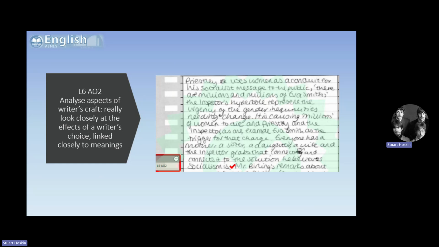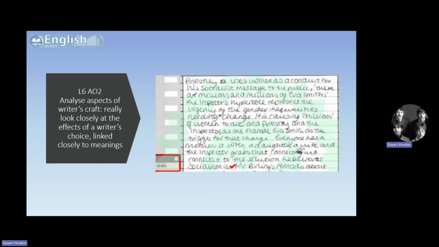Now, just to remind you, that is essentially a bullet point from the examiner's handbook that we have. What we're really looking to see in AO2 is that you analyse aspects of the writer's craft and really look closely at the effects of their choice, linking that closely to the meaning. So, Priestley uses women as a conduit for his socialist message to the public.